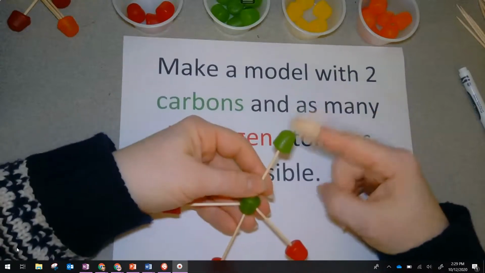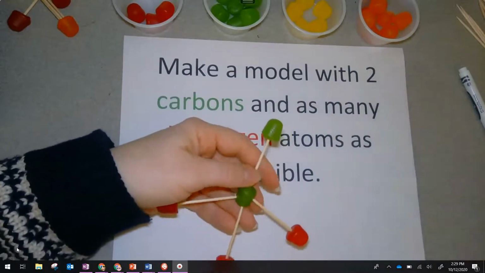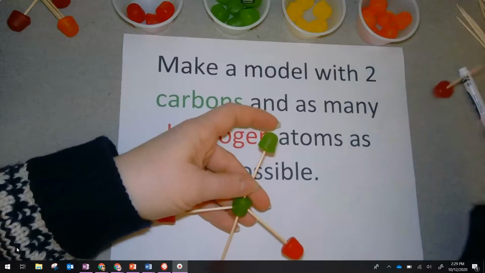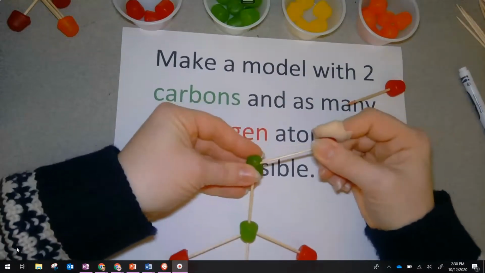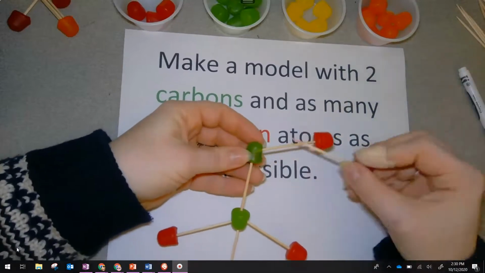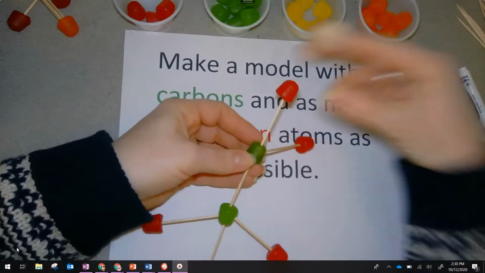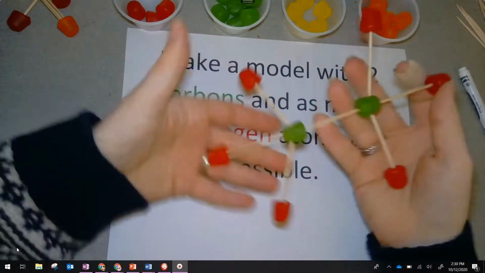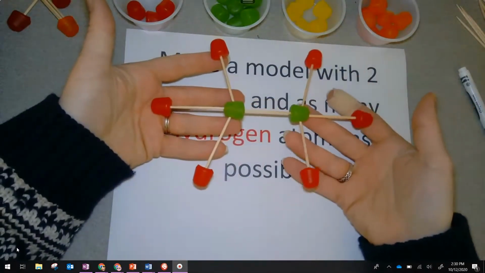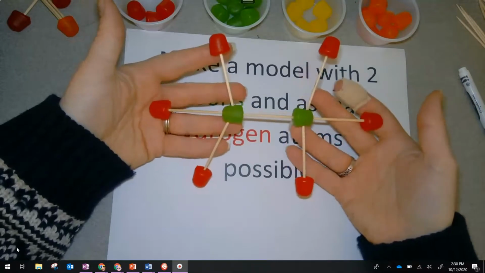Okay? This carbon has 1 bond, so it needs to get to 4. So 1, 2, 3, 4. And this is our model. All right?